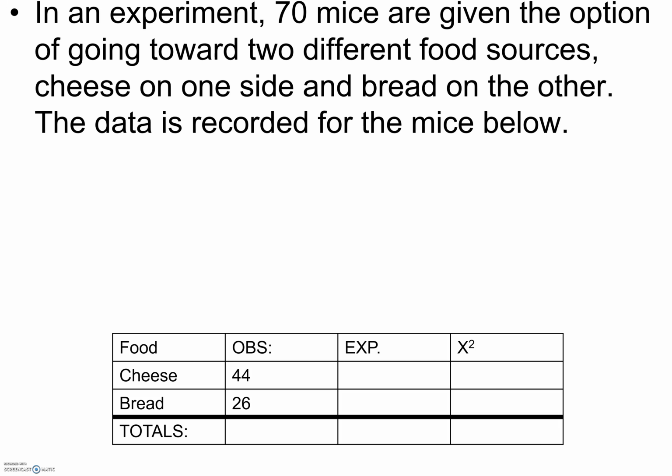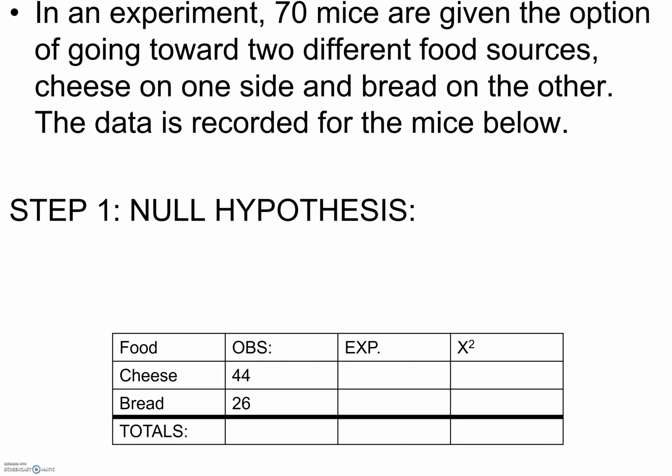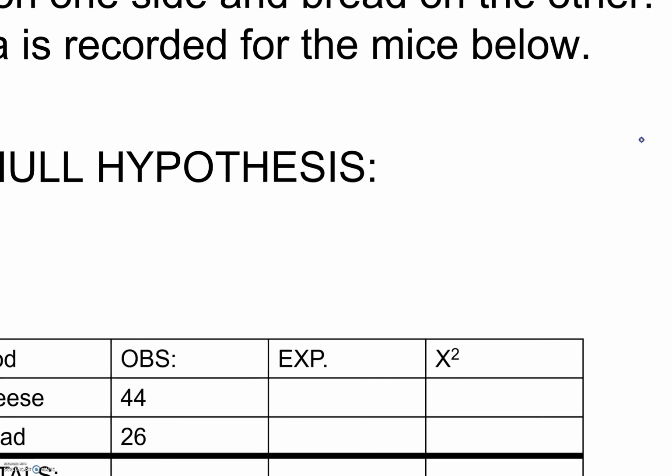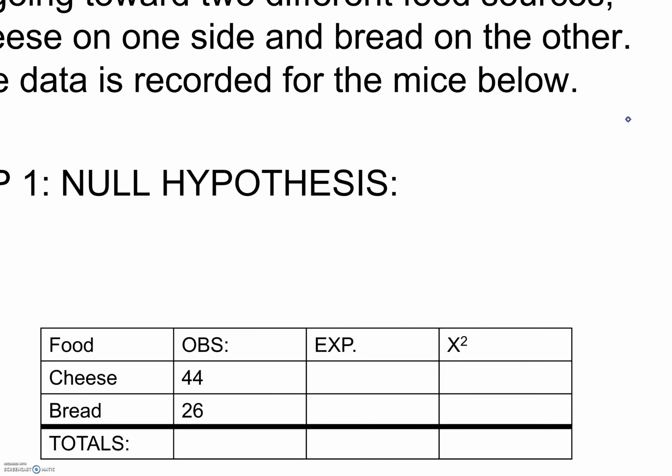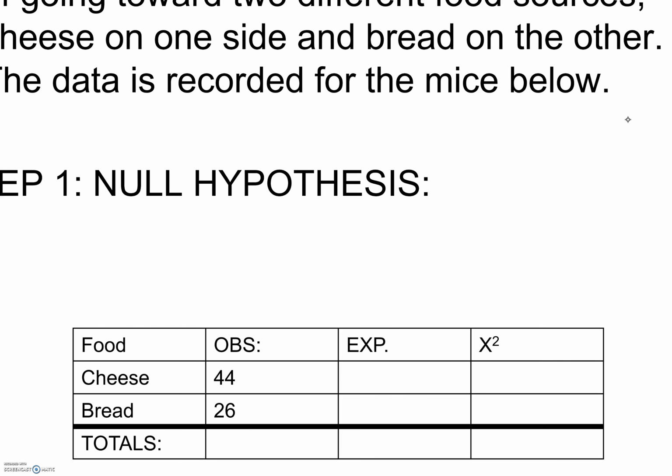So you notice the first thing they're going to ask you to do is write a null hypothesis. A null hypothesis, if you recall, is basically one that says that we don't expect there to be a difference.